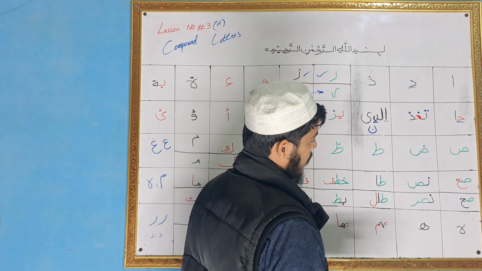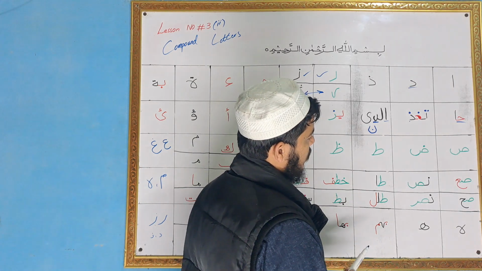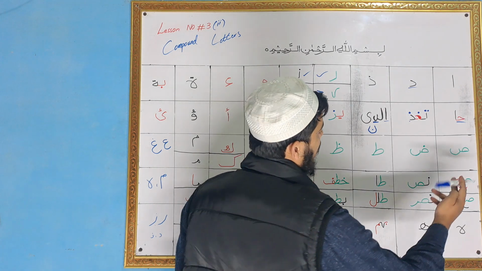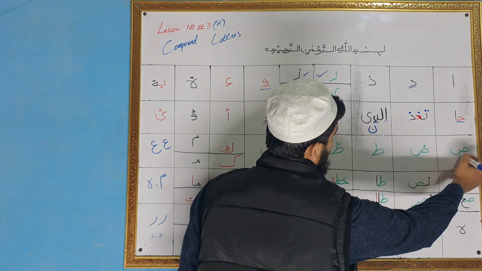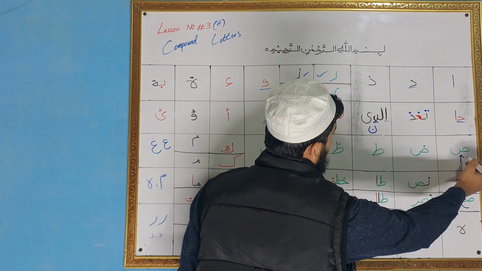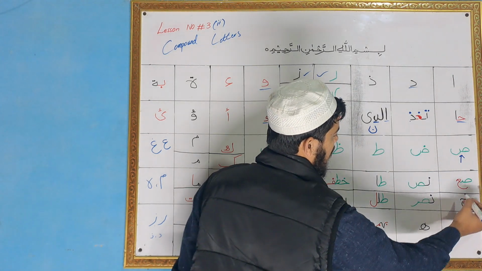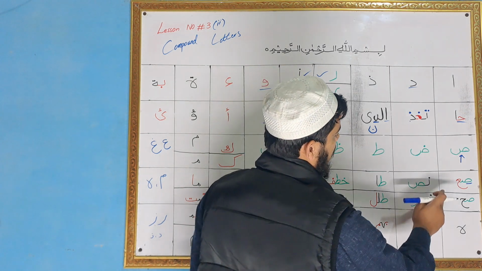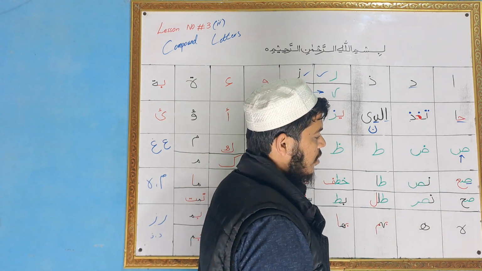As you know, each could have four possibilities, starting with separate. The separate shape will look like the original form. As a beginning letter, this one will be Sad, and this one will be Ain.